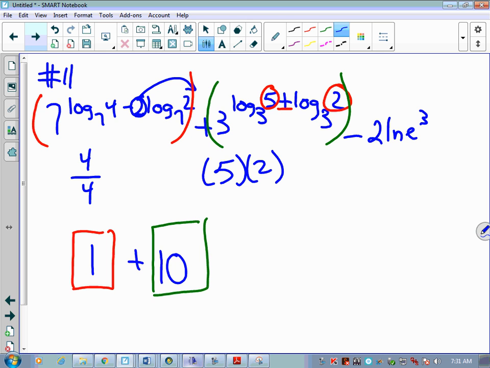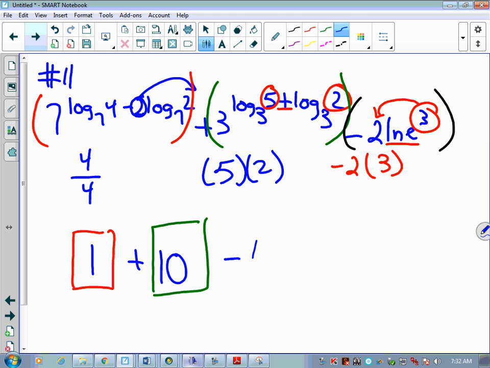From here, we're going to take this 3 and move it back out front. Because ln e is equal to 1, what we get here is negative 2 times 3. So this whole section here is negative 6.